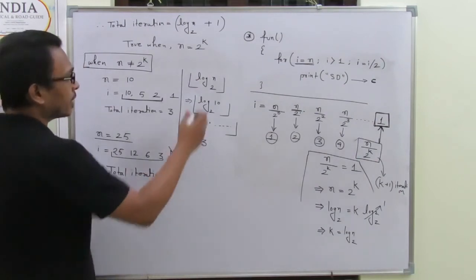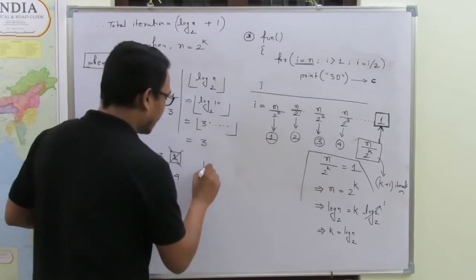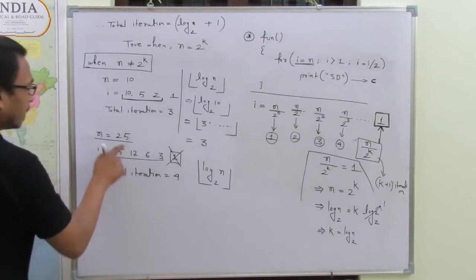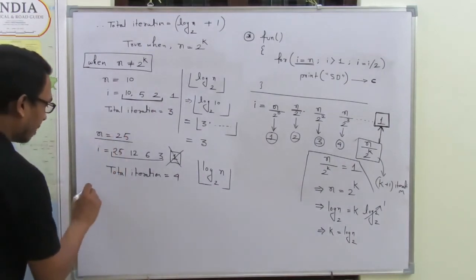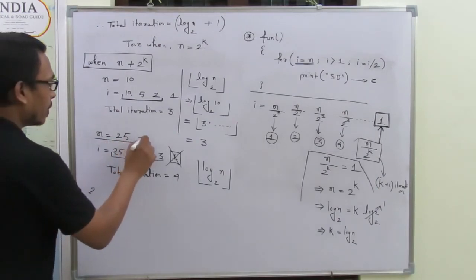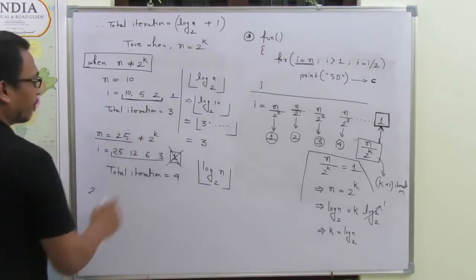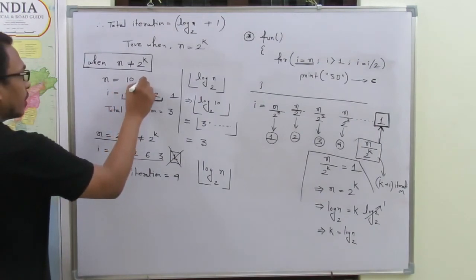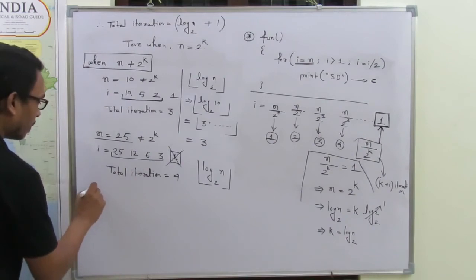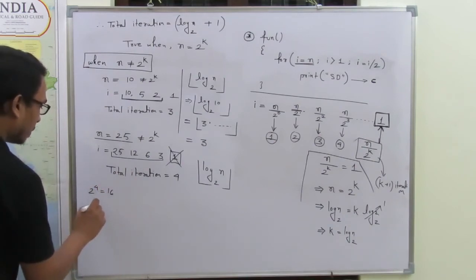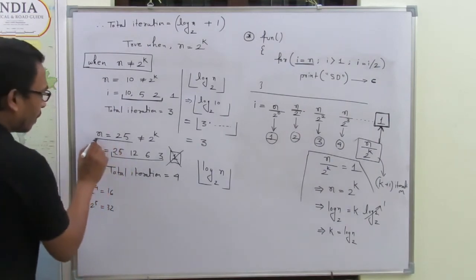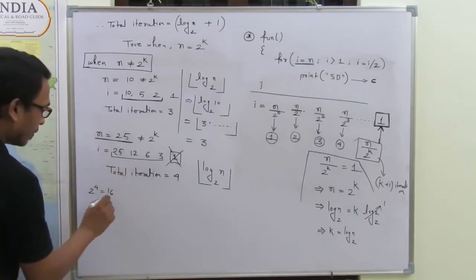Now let's check the value of log n base 2 floor. Look here, 25 is not equal to 2 to the power k form. But we have 2 to the power 4 is 16, and 2 to the power 5 is 32. The value of n, that is 25, is in between these two.